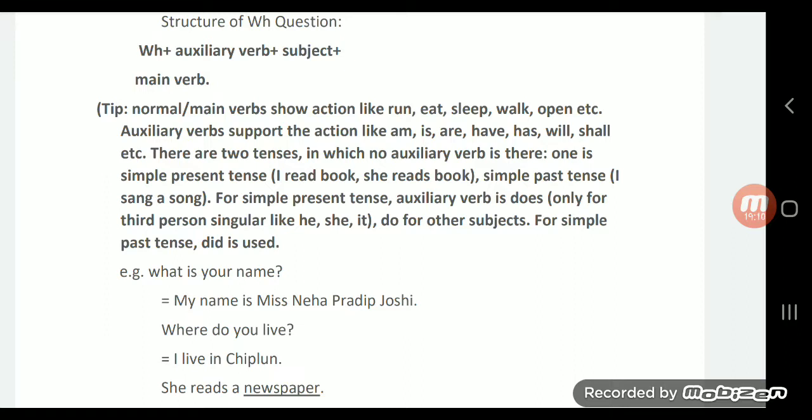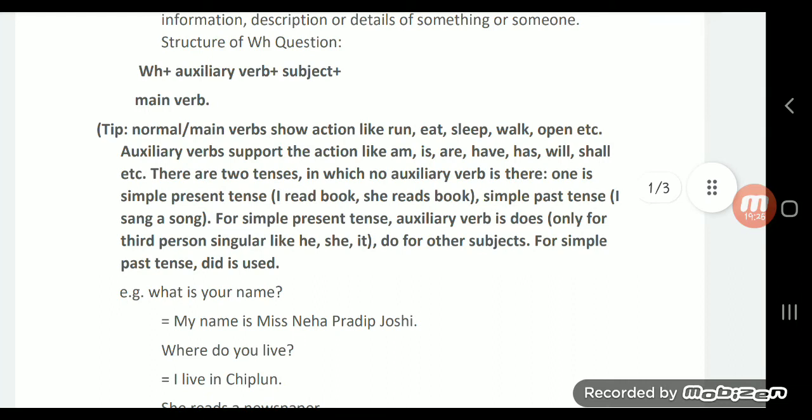Now see, first let us just read this. Normal or main verbs show action like run, eat, sleep, walk, open, etc. When we make sentences, normally we use this kind of words or verbs. These are main verbs or normal verbs. Auxiliary verb is what? They support the action.